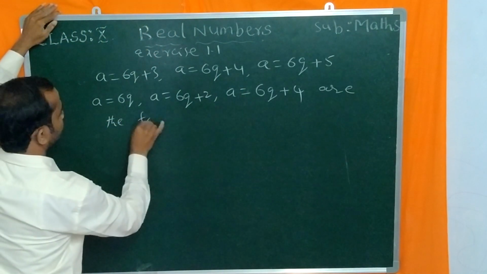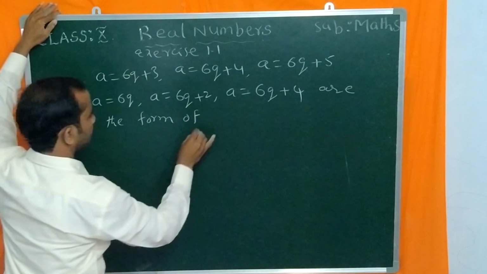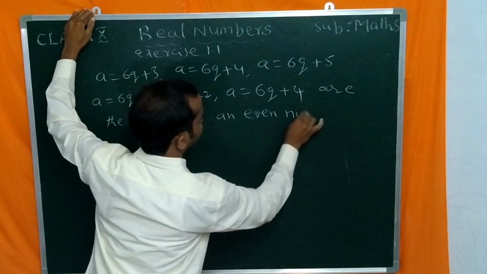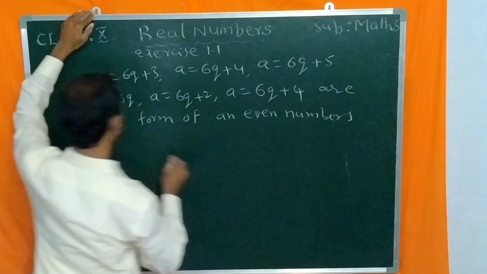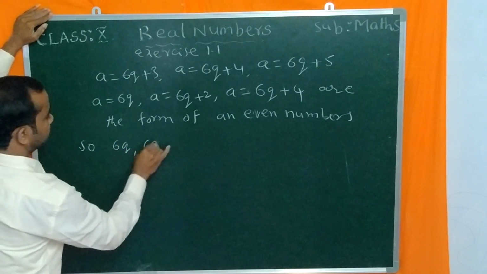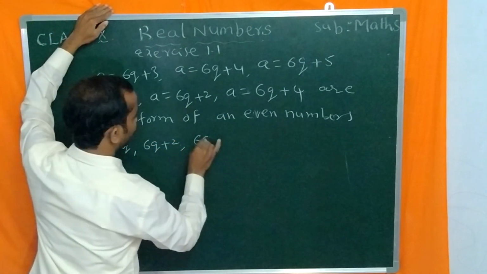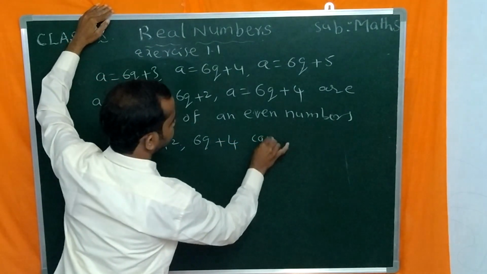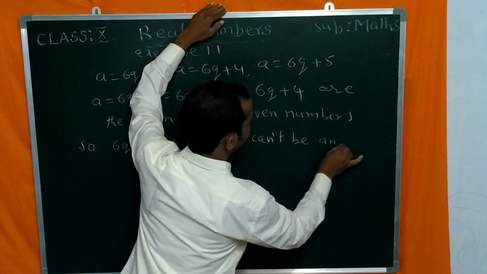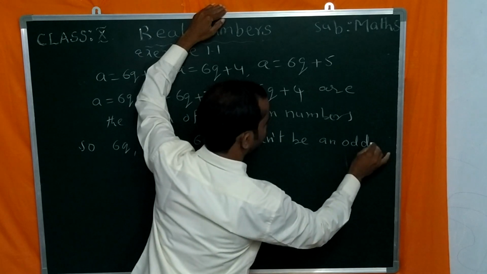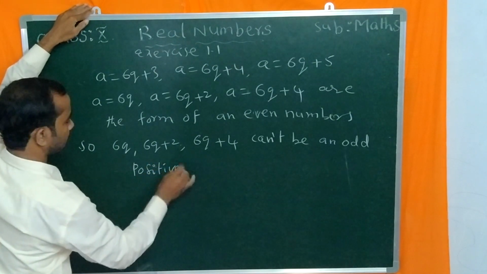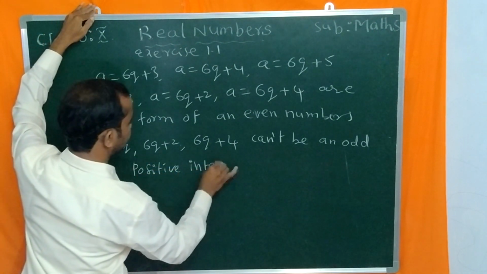So 6q, 6q plus 2, 6q plus 4 cannot be odd positive integers.